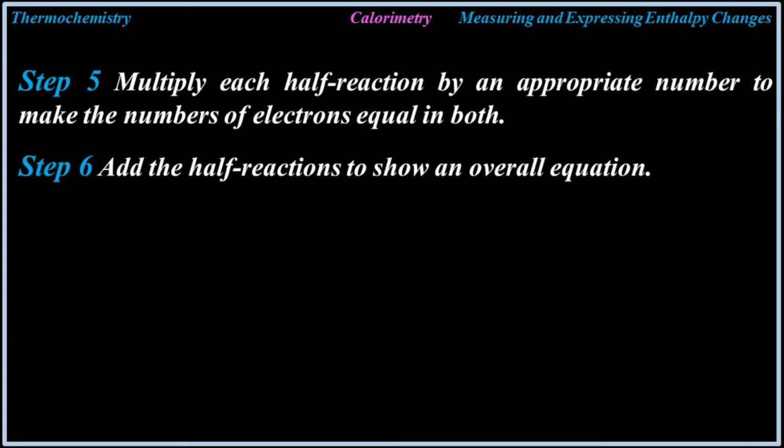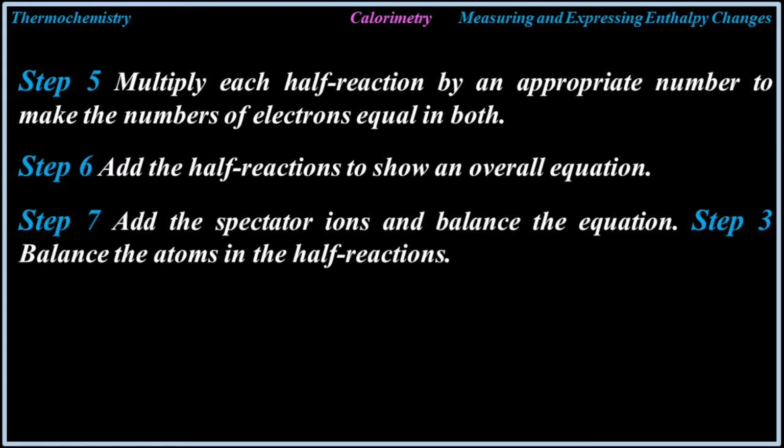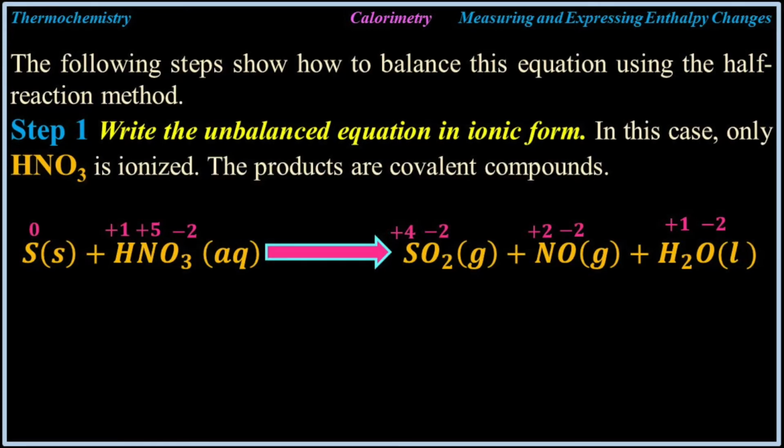Step 6, add the half reactions to show an overall equation. Step 7, add the spectator ions and balance the equation.